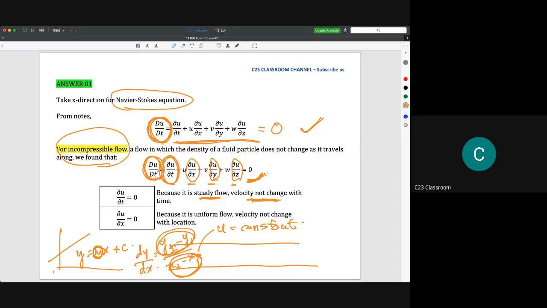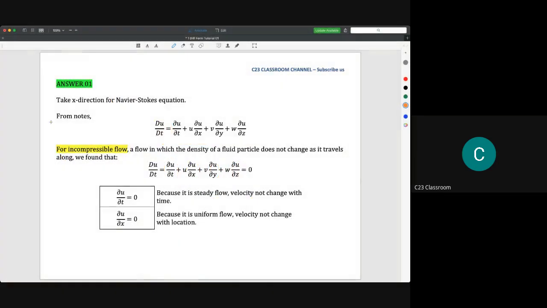So maknanya du dt adalah perubahan had laju terhadap masa, du dx adalah perubahan had laju terhadap pertambahan jarak di dalam paksi X. Okay, yang itu kita kata first step yang awak kena tahu untuk memahamkan tentang penggunaan Navier-Stokes equation.